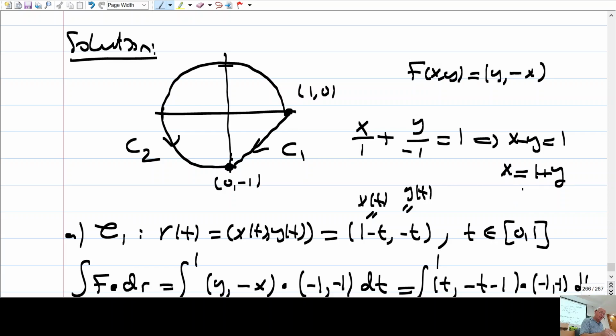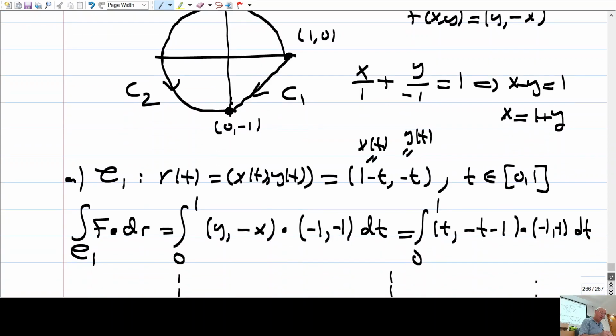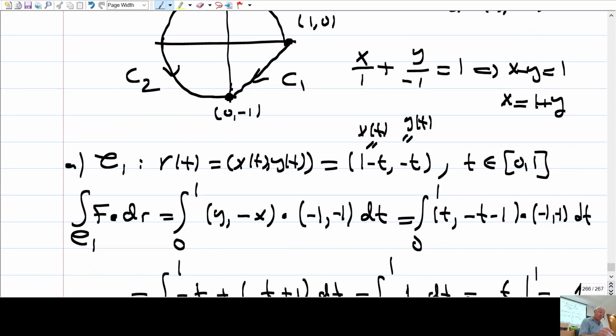It is just the part of the line which is x minus y equals 1, and we wrote the parameterization for this so that when you plug t equals 0, you are at the point 1 comma 0, and when you plug t equals 1, you are at the point 0 comma minus 1, and that's the parameterization.